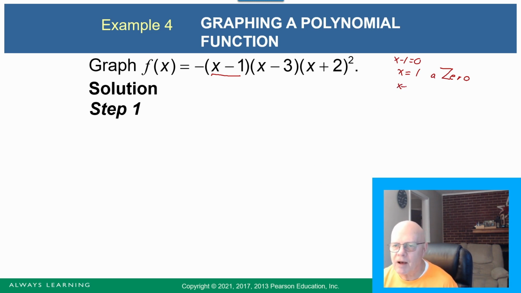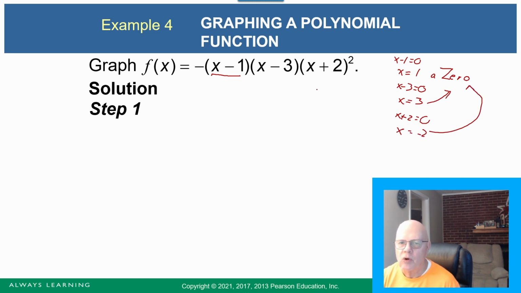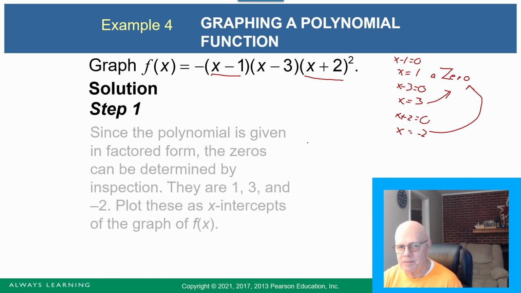The x minus 3, set that equal to 0. 3 is another 0. X plus 2 equals 0. X equals negative 2. Another 0. We've got 3 zeros. Notice, though, this one has a multiplicity of 2. And that's going to be special for this function.